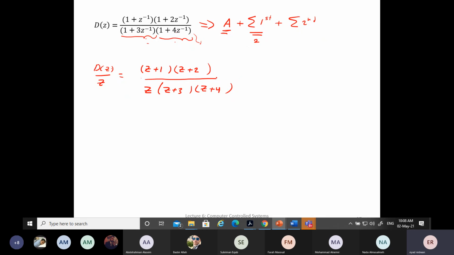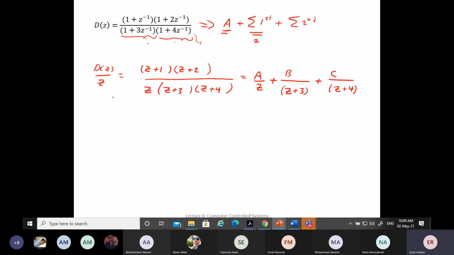It's the same actually. So here I will break this into a constant a over z plus first order term, let's call it b over z plus 3. I'm doing partial fraction, converting this whole term into this form, a over z, b over z plus 3, and c, capital, let's put it, over z plus 4.